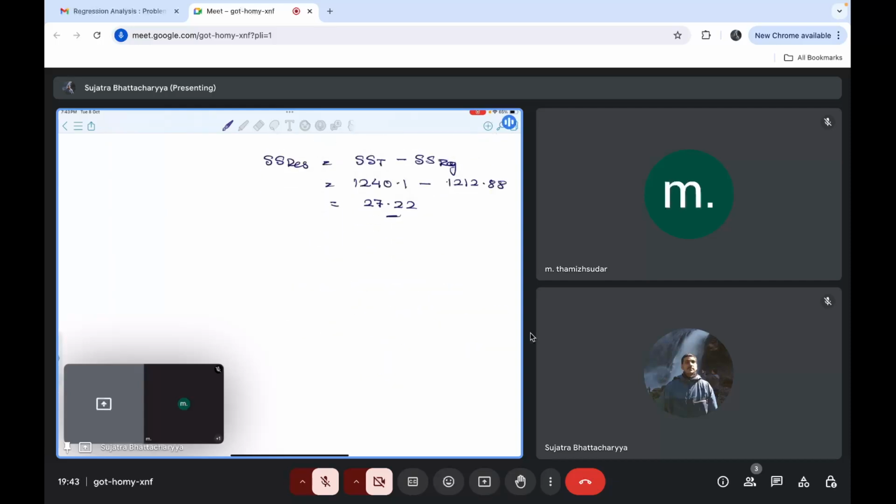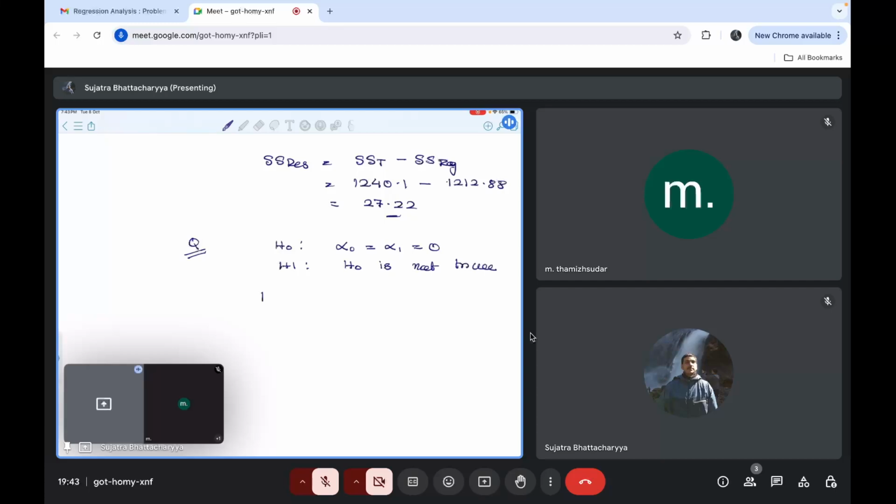All right. And the final one is about the significance. Say your null hypothesis H naught is alpha 1 is equal to alpha 2 is equal to 0, and H1 is that H naught is not true. So you test the significance of the alpha 1 and alpha 2, whether they are really significant or not.